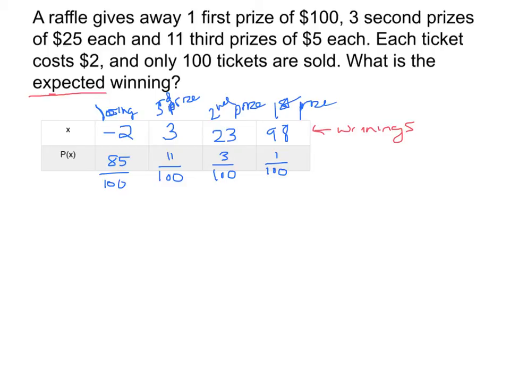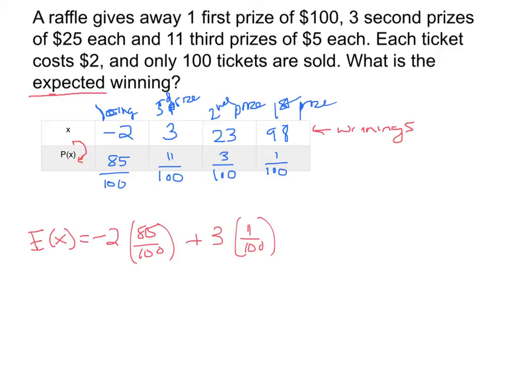Well, we know that the formula for expected value is to multiply every x times p of x, and once you multiply them, you add them up. So that would look like -2 times 85 over 100 plus 3 times 11 over 100 plus 23 times 3 over 100 plus 98 times 1 over 100.